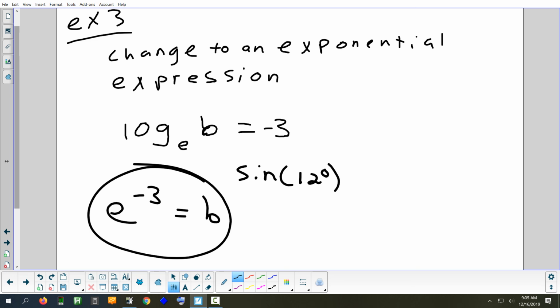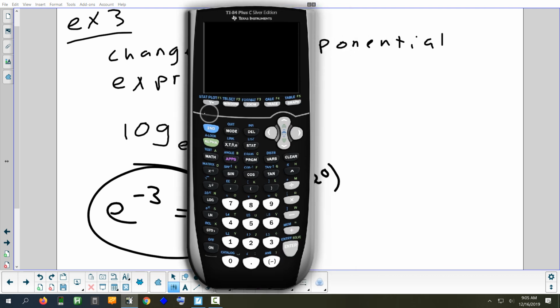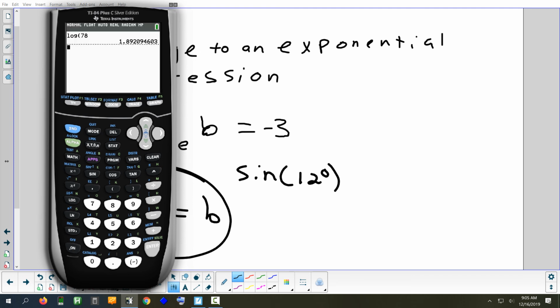Now I'm going to talk a little bit more about E. If you look at my calculator or the ones that you guys use too, it has different numbers programmed into it. Most people know this one. Pi, 3.14159. It's a common number.